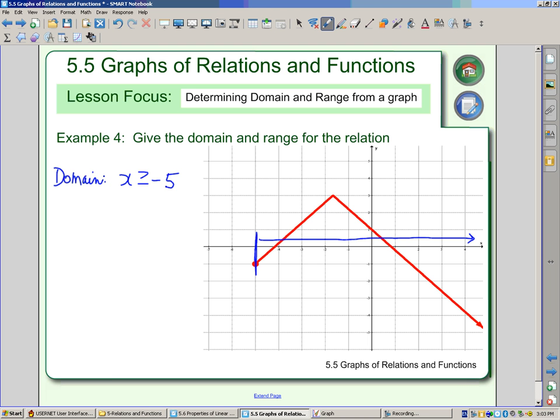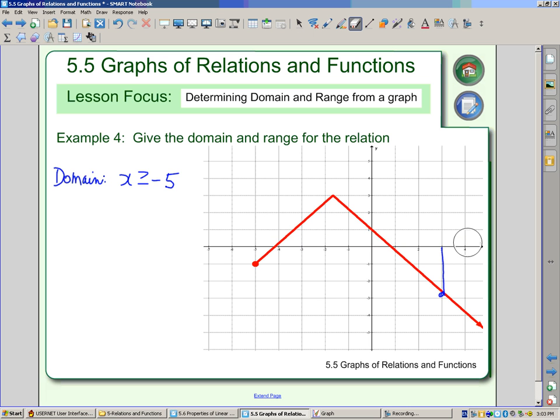So for any value of x that is greater than -5, there will be a point on the graph. At 0, there's a point on the graph. At 3, there's a corresponding point in the graph. At -3, there's a corresponding point in the graph. Okay, so that's looking at our domain.